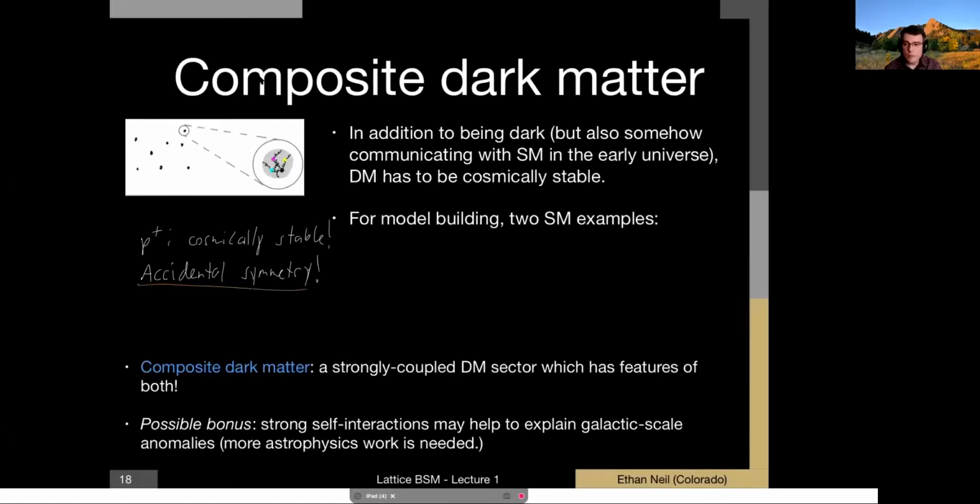So, for example, if the proton was going to be unstable, it would have to decay into something. Supposing we only have the standard model, it has to decay into something else in the standard model. So, for example, we could have a proton to, say, a positron and a photon, just as one example.